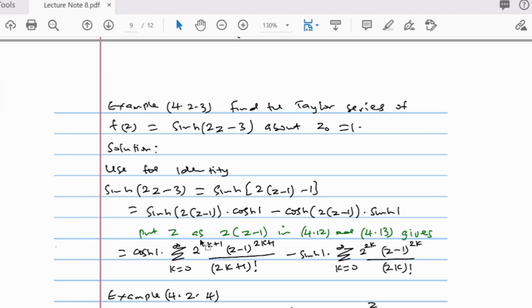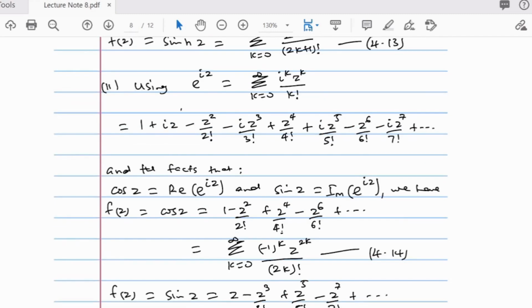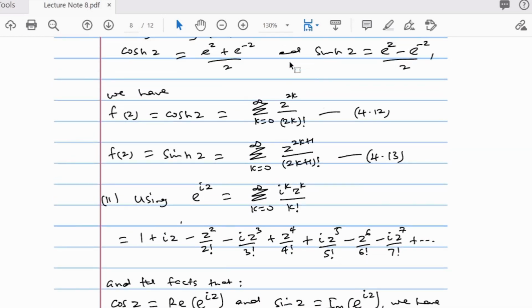So we just put your z as 2z minus 1 in 4.12, and you put your z as 2z minus 1 in 4.13. If you go to 4.12, you have a formula for computing cosh. This is cosh z, and this is sinh z.